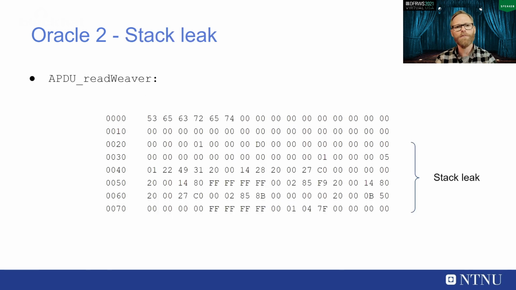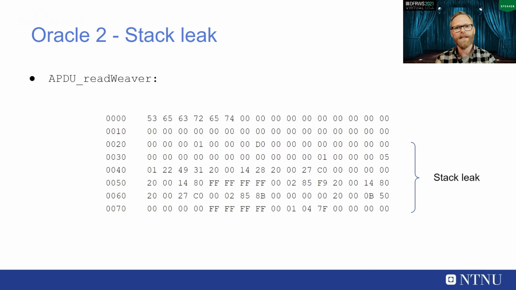This is just an example of a leak from this Oracle 2, and you can see that it leaks some data back when we are using APDU read weaver with a larger size for the secret. So we can get 32 bytes of secret, which is the normal size of this secret, but also much more data.